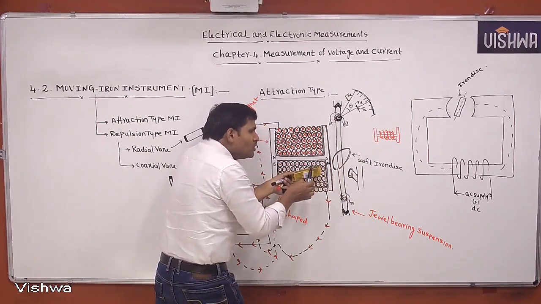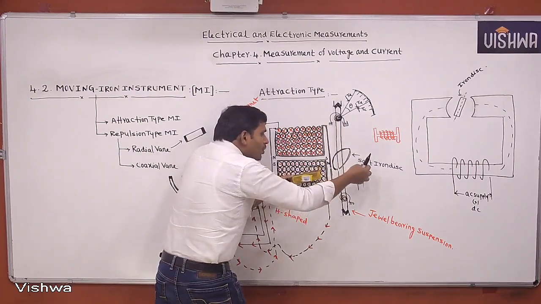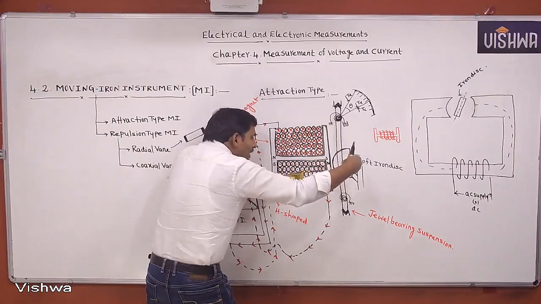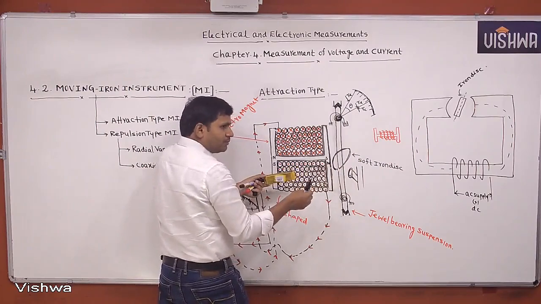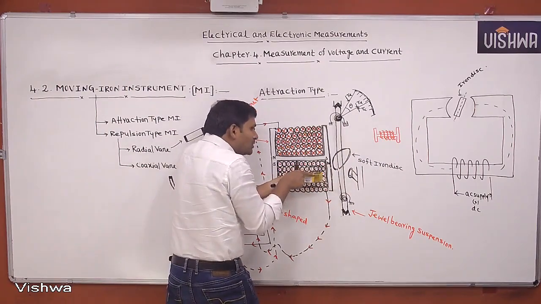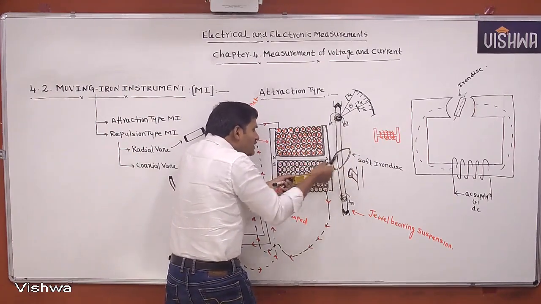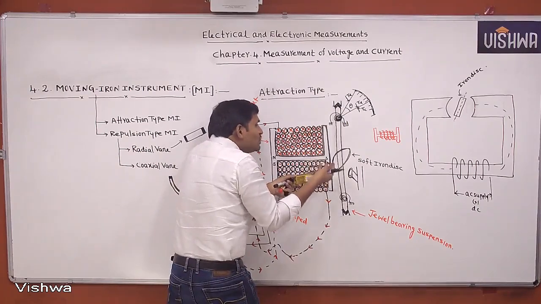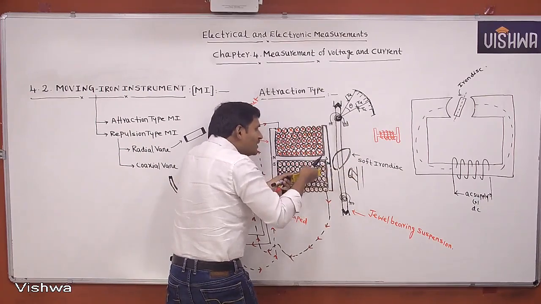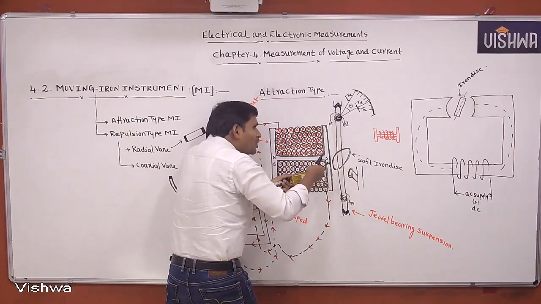Because of this force, the iron disc will not move like this and it cannot attach to the magnet. Why? It is fixed to the spindle. It is producing force, but it is not moving and it is not attached to the electromagnet.